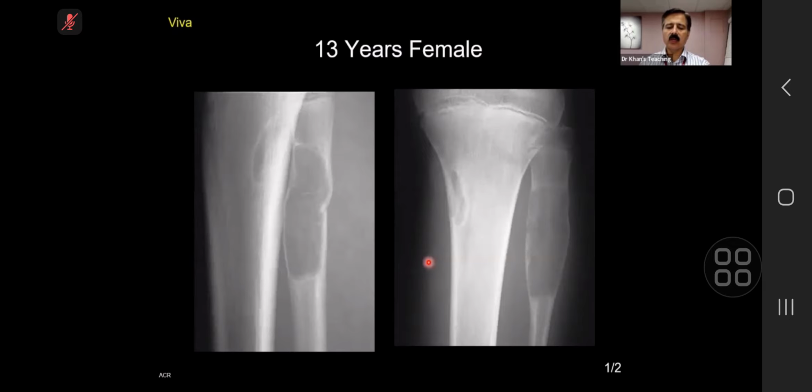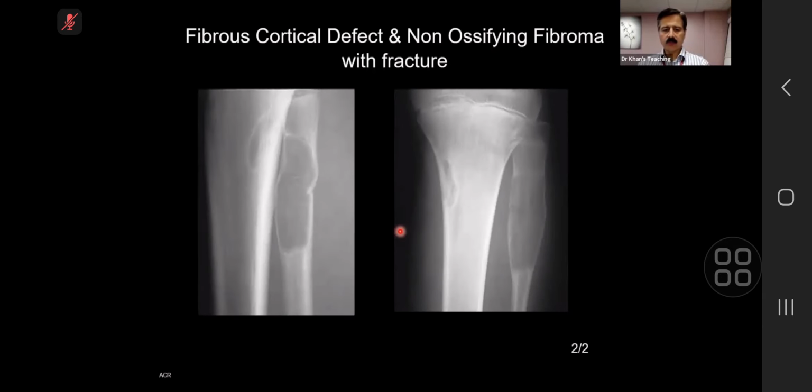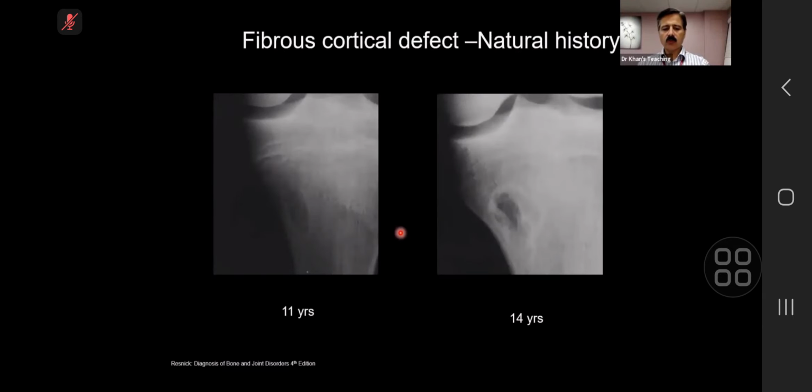So this is a non-ossifying fibroma, and the learning point was that in the narrow bones it might project centrally like this. Well done. So this is from a textbook which tells you the natural history: year 1, and after 3 years, 11 years, 14 years, it is filling up. So this is the natural history of fibrous cortical defect.